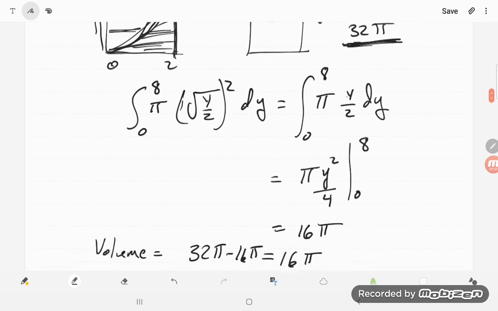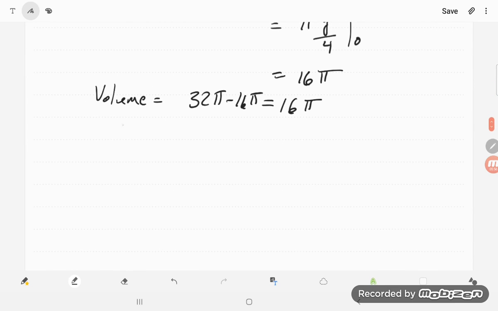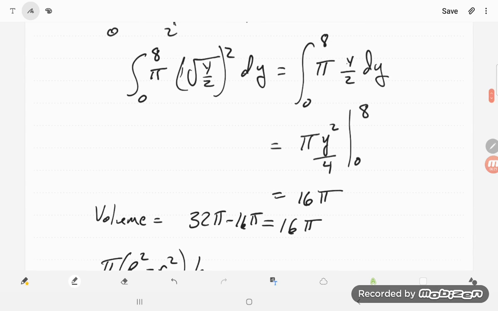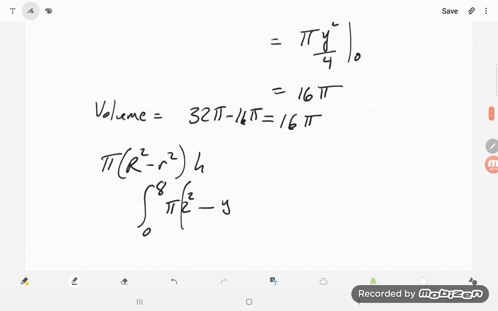Now, we could have said, well, it's pi, we need big R squared minus little r squared, and then times h. Well, if we set that up, of course, we'd still be going from 0 to 8. Now, big R squared was just 2, so we would have pi times 2 squared minus our y over 2, dy.